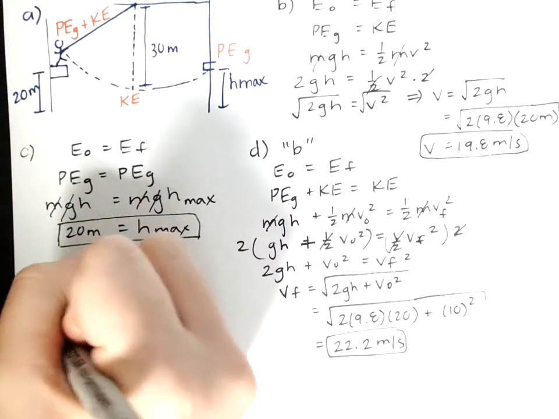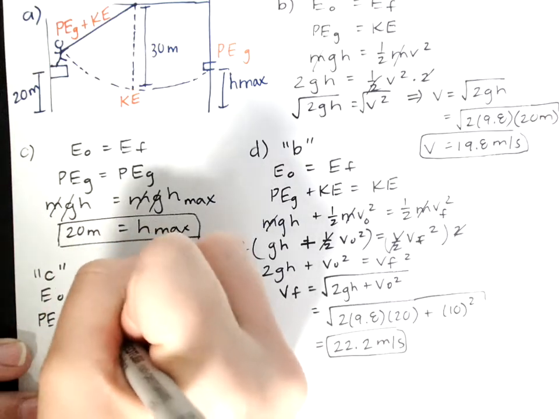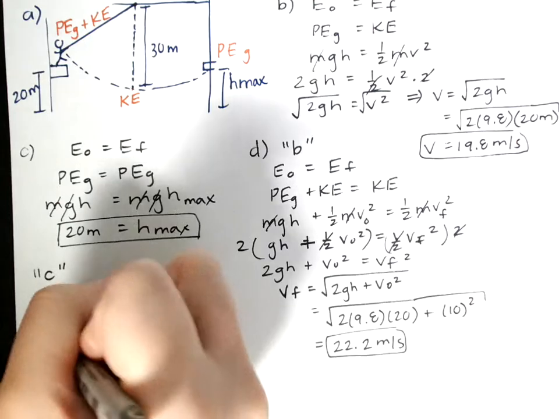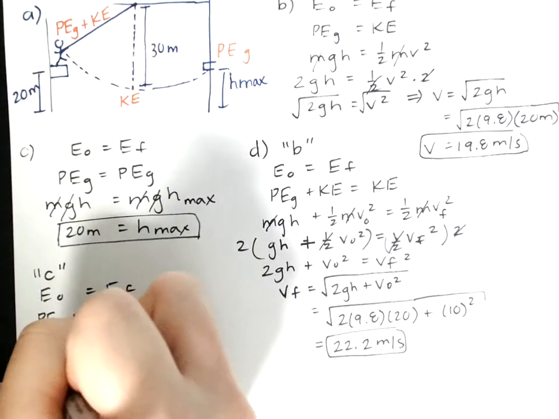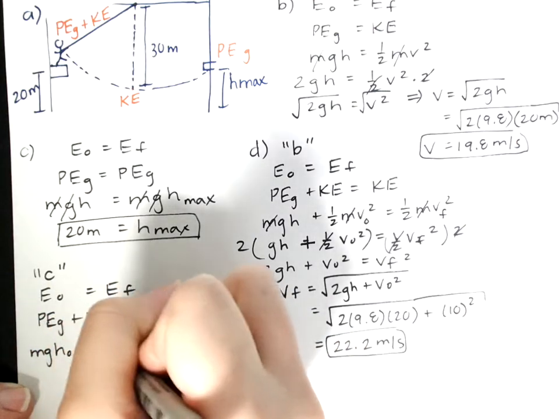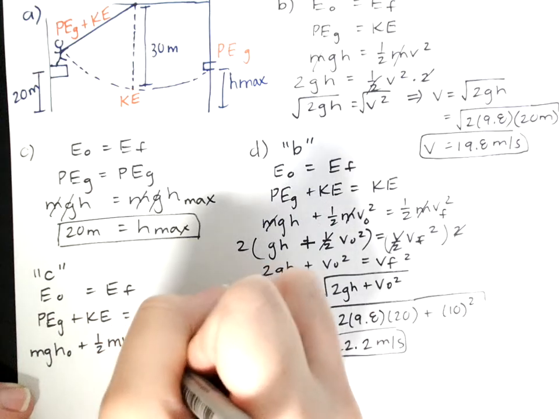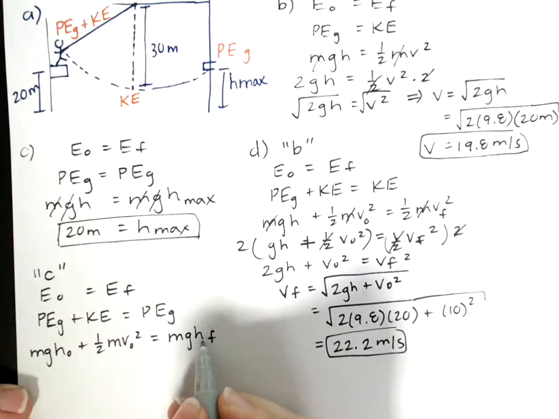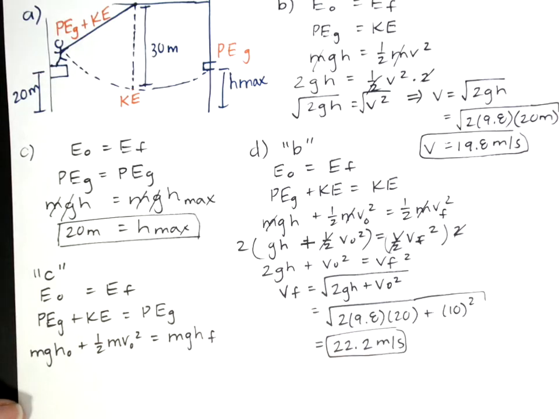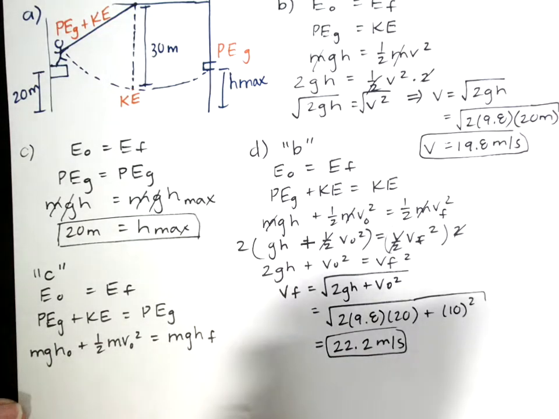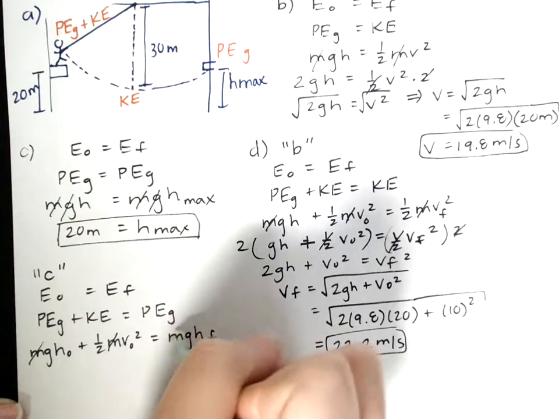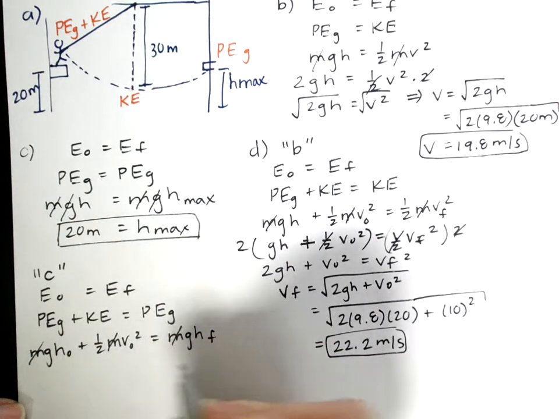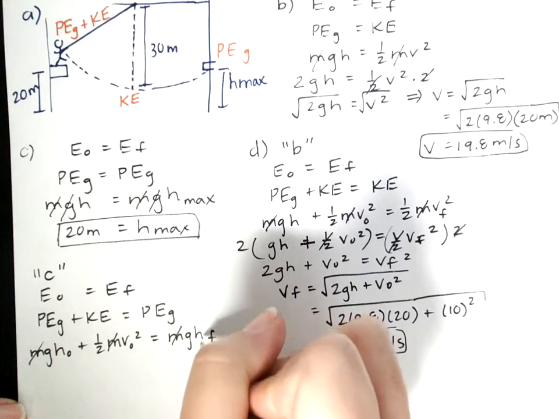So we have gravitational potential energy plus kinetic energy equals gravitational potential energy at the end. So mgh initial plus 1/2 mv initial squared equals mgh final. And we want to know the final height. The m's are common in everything, so they cancel. Let's divide through by gravity to get h by itself.